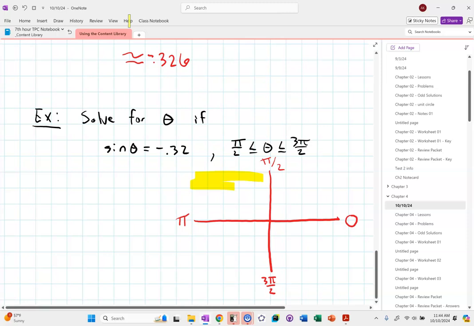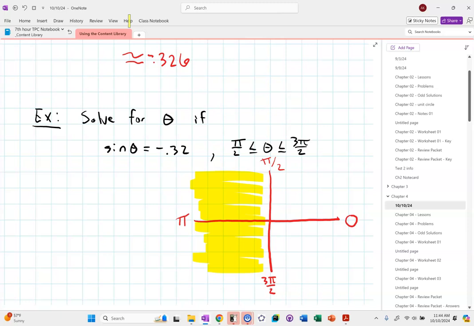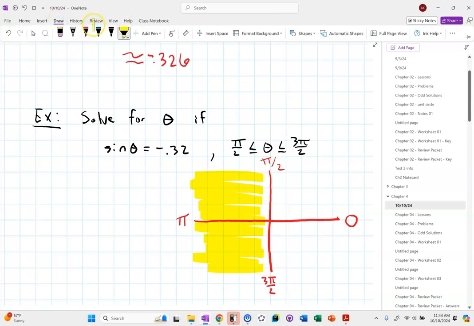So the two quadrants that are covered between pi over 2 and 3 pi over 2 are quadrants 2 and 3. Is everybody okay with how I did that? The next thing I'm going to do is try to narrow that down to just one of those two.